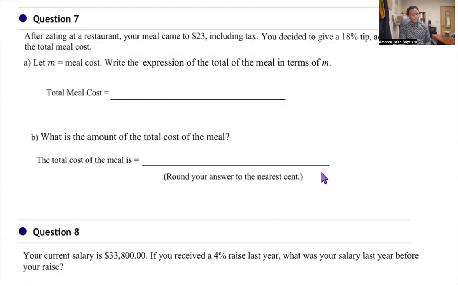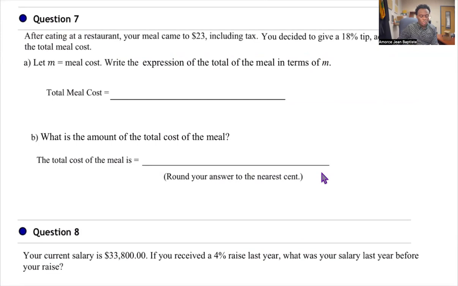So in the next problem, we're going to work on percentages, and we solved problems like this in class, so it's not going to be so complicated.